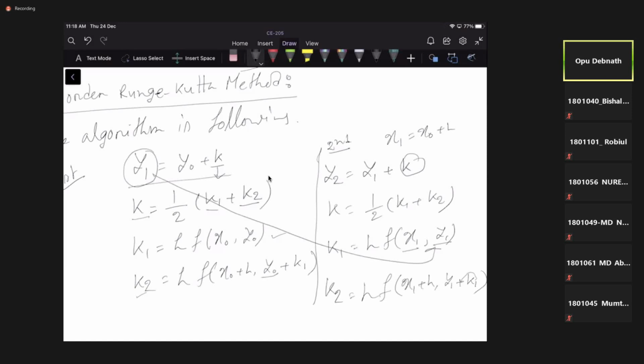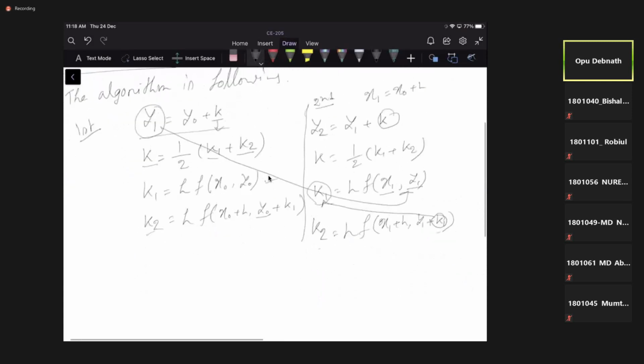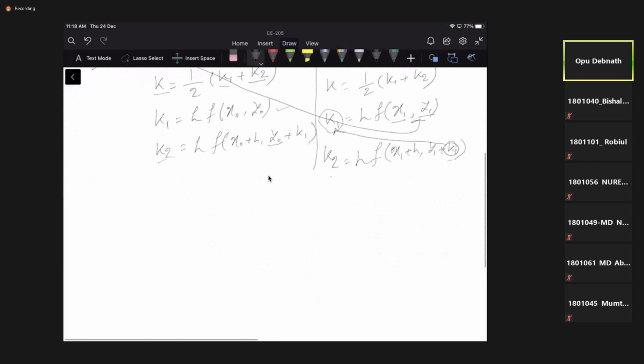This k1 is actually for the second step. At the second step you find another k1 and you will use this k1 to calculate the k2 of the second approximation. So these are the algorithm for second order Runge-Kutta methods.